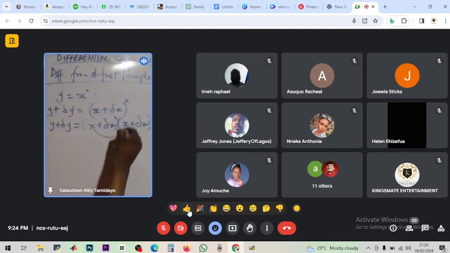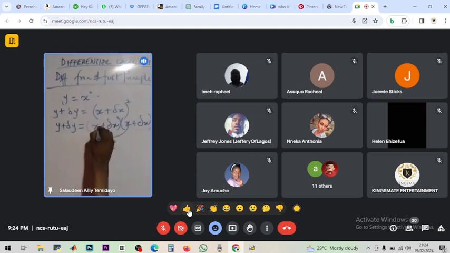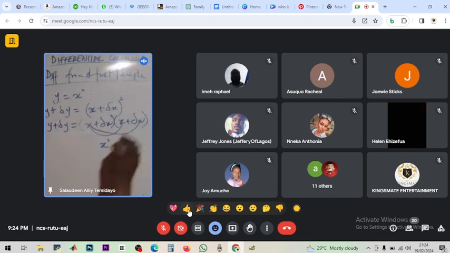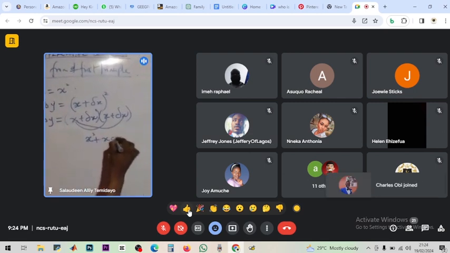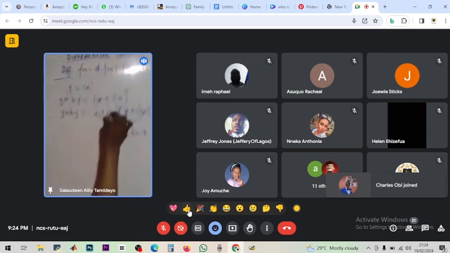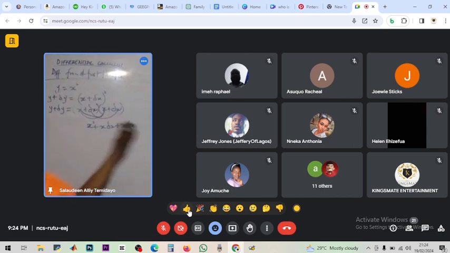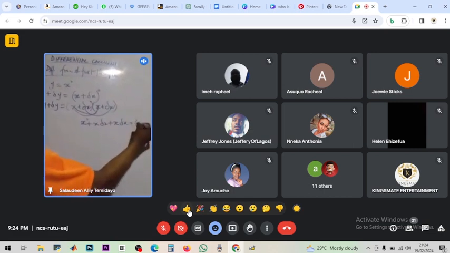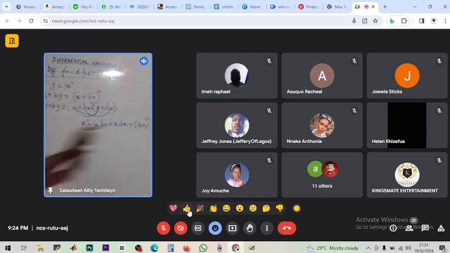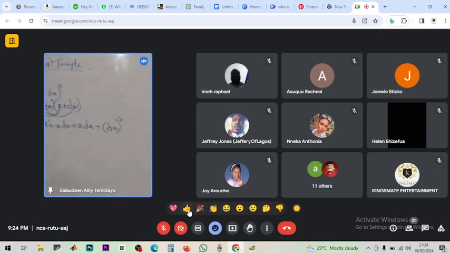So x times x gives x squared. And x times dx gives x dx, everyone. Plus dx times x gives x dx again, plus dx times dx gives dx squared. Look at my bracket, please note how it is written.